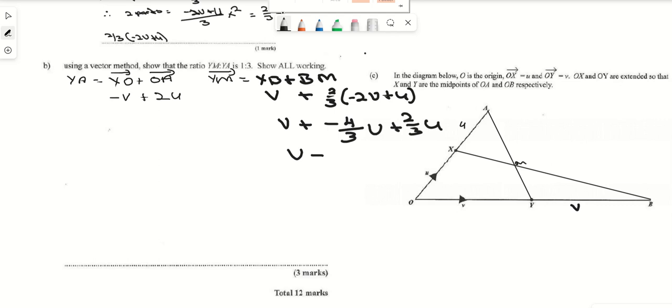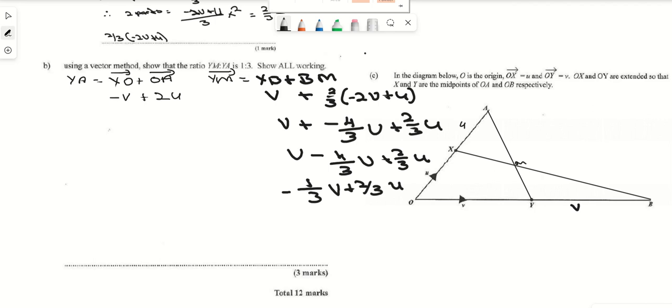Right, so it's V minus 4/3V plus 2/3U. Now 4/3 is actually 1 1/3, so V minus 1 1/3 V would give you minus 1/3 V plus 2/3 U. Right, so we know YA is V minus 2U and YM is minus 1/3 V plus 2/3 U.